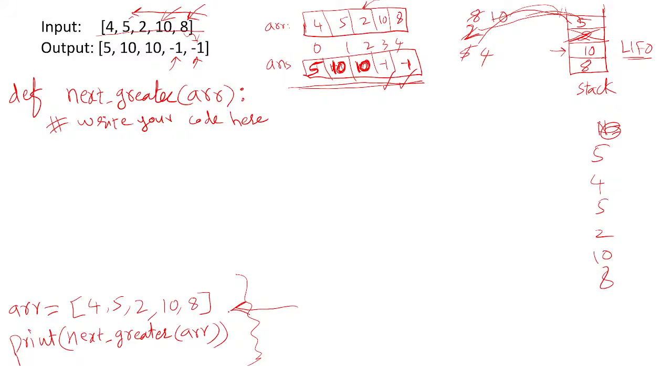Don't worry. The only thing is they define a function and you are asked to complete the function definition. That's it. This function logic you need to develop. Got it? So we will try to finish that function. Let me erase this.